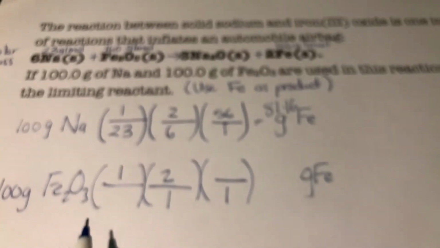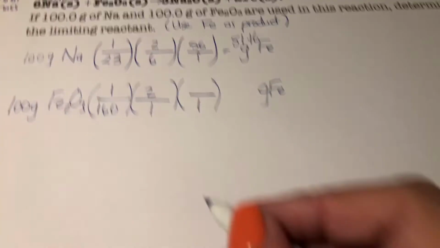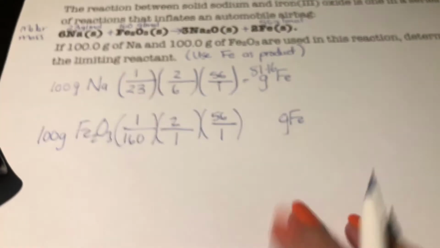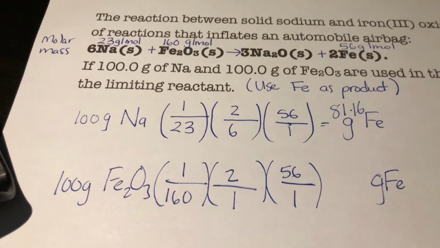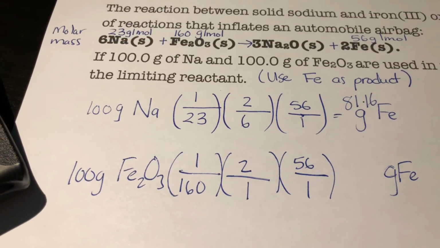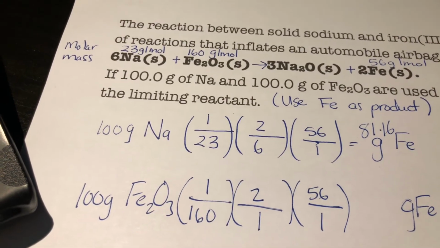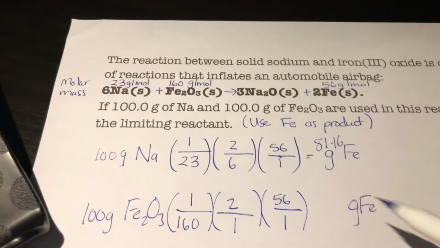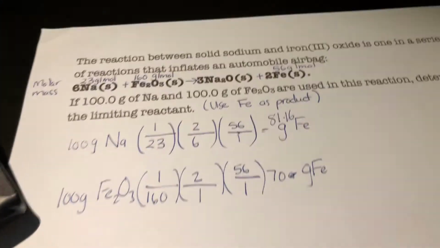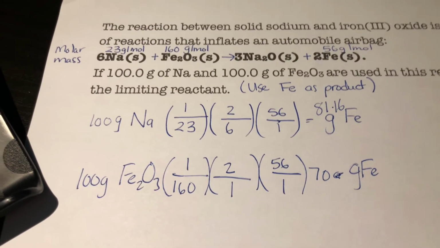I will put my molar mass for iron oxide over here, which I've worked out to be 160. And on this side, I will put the molar mass of iron, which is 56. Right, so let's work that answer out quickly. And my answer is 70 grams of iron.